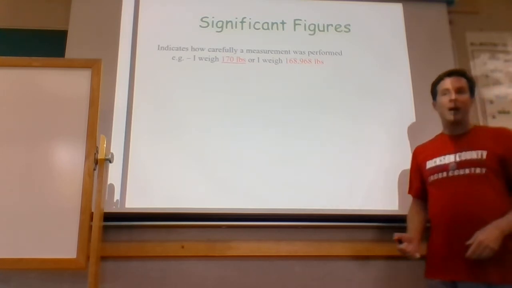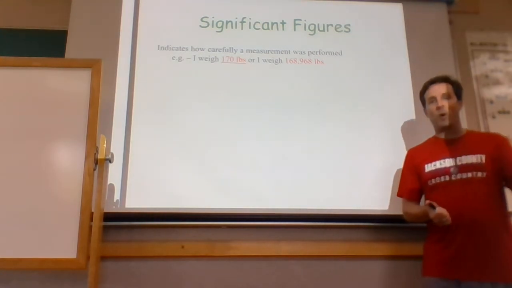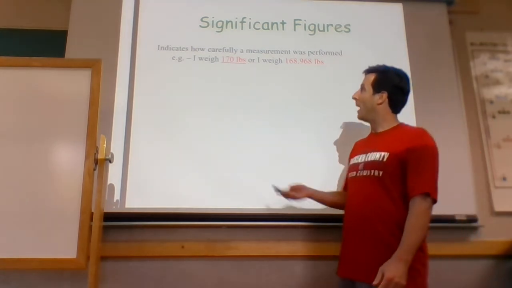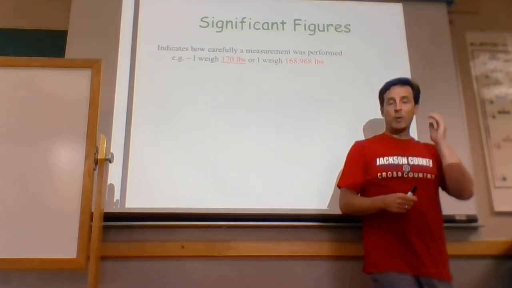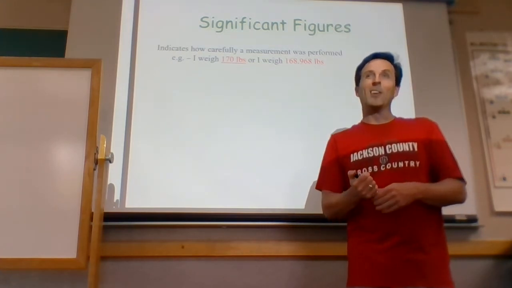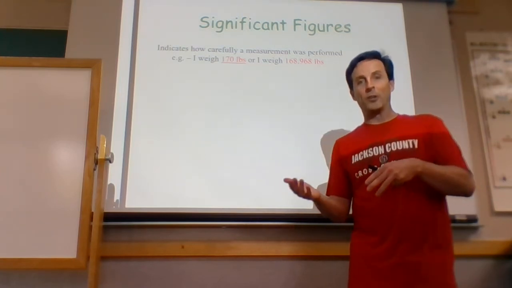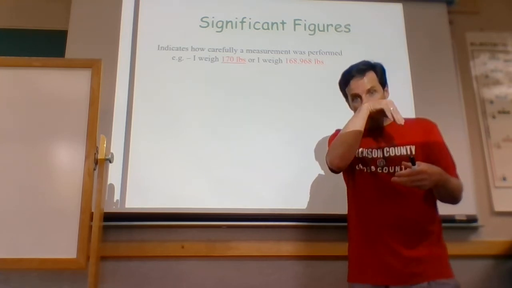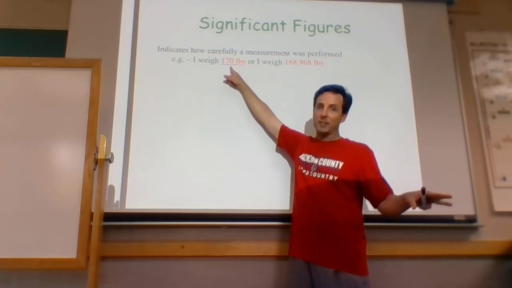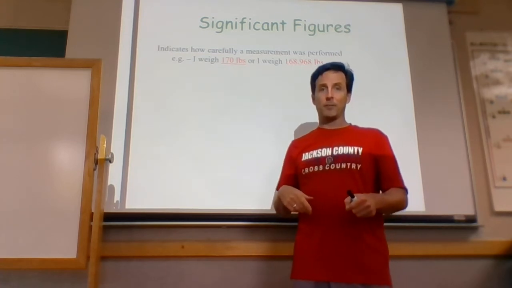All right, so I make a measurement, I have to decide what to write down. So let's just say somebody just walked up and asked me how much I weigh. I might look at them and say, oh yeah, I weigh about 170 pounds. And when I say that, what am I implying? Well, it's around 170 pounds, but I probably haven't weighed myself today or in the last week or so, so I'm kind of guessing at my weight. And actually, when I say 170 pounds, we're going to learn the rules for sig figs in a second, but that 0 is not a significant figure.